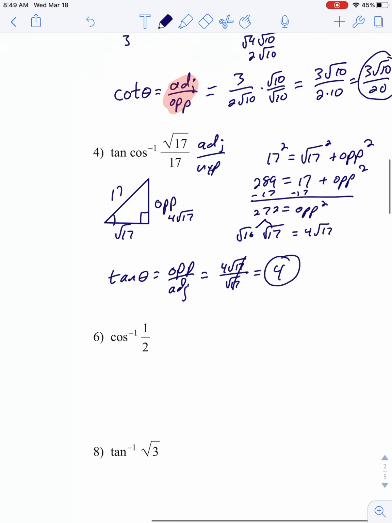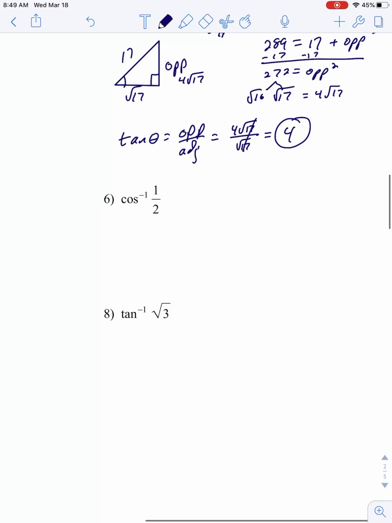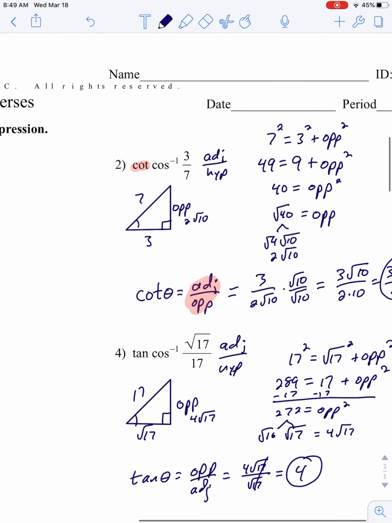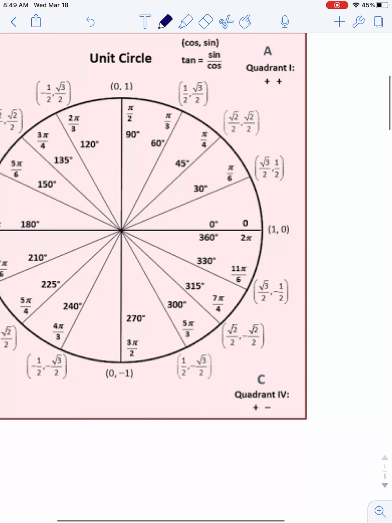Okay, number 6, the inverse cosine of 1/2. This is where we're going to use the unit circle. We know that cosine is simply an x value on the unit circle, so we're trying to find an x value that equals 1/2. If I go to the unit circle, that happens twice. Once right here, once right here.